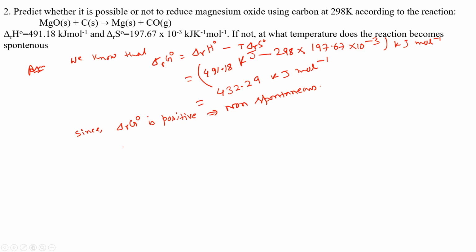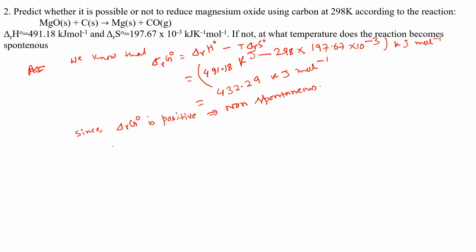Here delta H is positive, you see, and delta S is also positive, but there is a negative sign in front of T delta S. So the value of T delta S has to overcome the value of delta H naught, then only the reaction will be a spontaneous one.